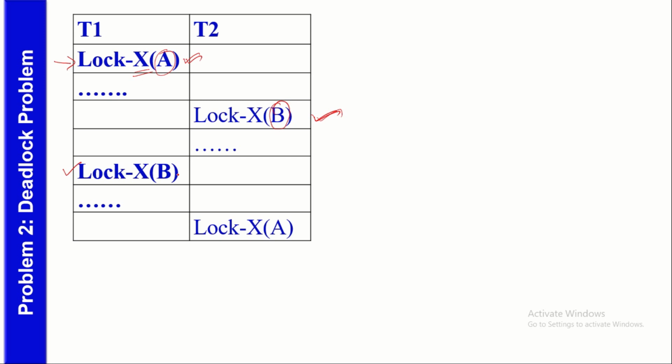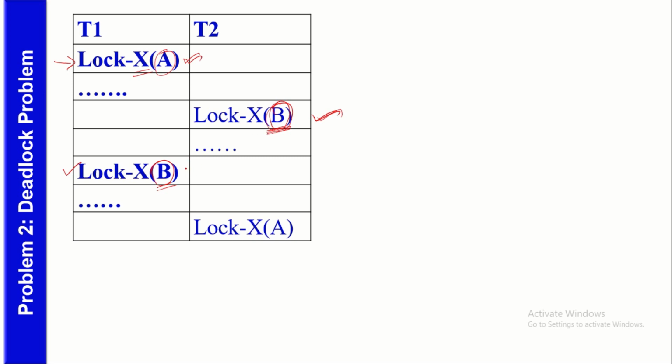The answer is no. You know why? Because currently T2 is holding an exclusive lock on B, and T1 is requesting an exclusive lock on the same data item B. A lock in exclusive mode and another lock in exclusive mode are in conflict, incompatible.